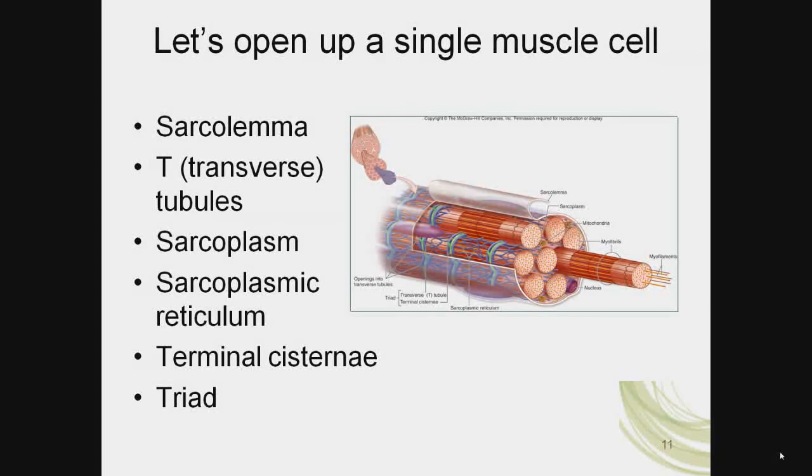But I also want you to see that the cell membrane is kind of tucked in around all of these individual myofibrils. And where the cell membrane invaginates, well, that's called a T-tubule.